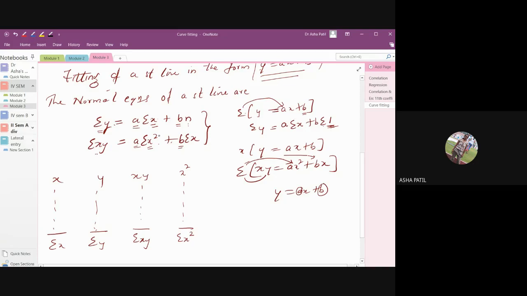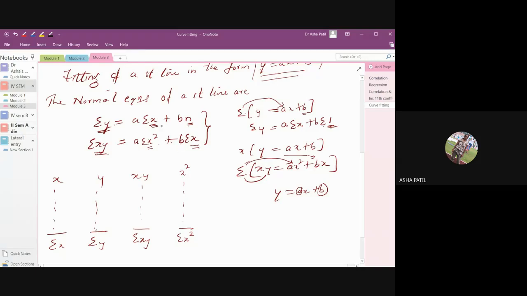So now you have got the values of summation y and summation x, you know what n is, and you know the values of summation xy, summation x square, and summation x. All these values are known.